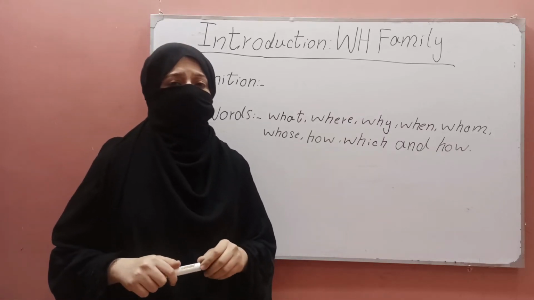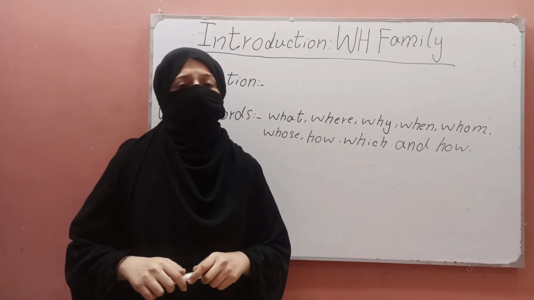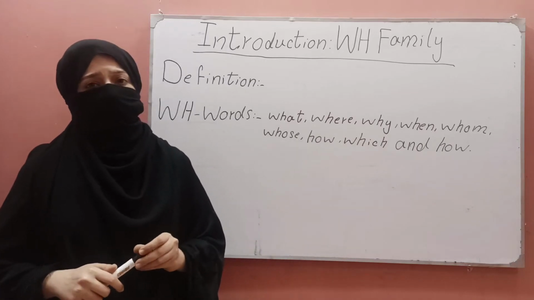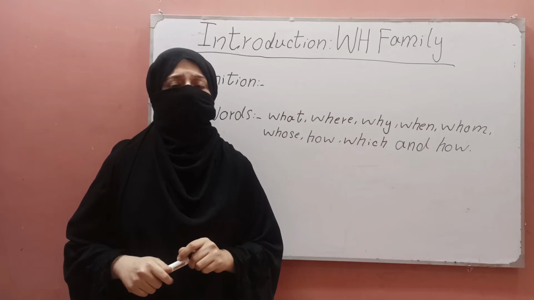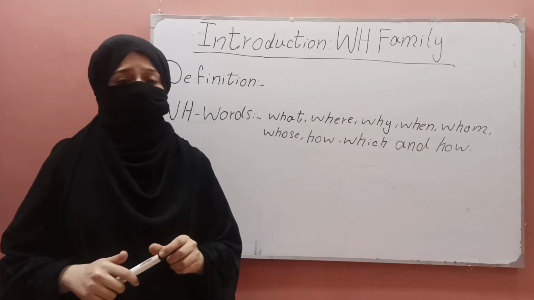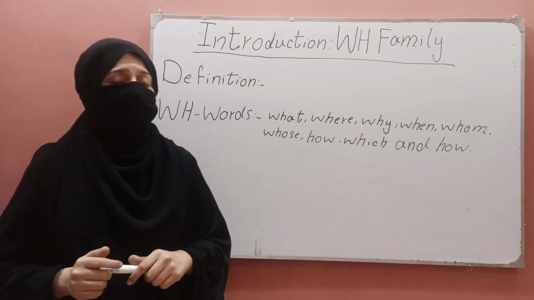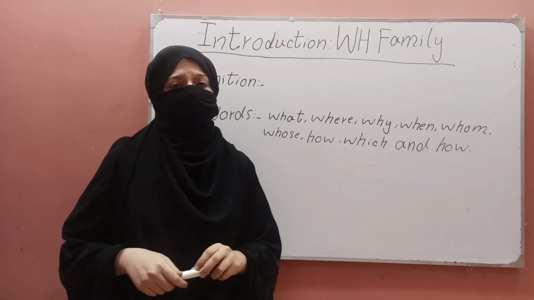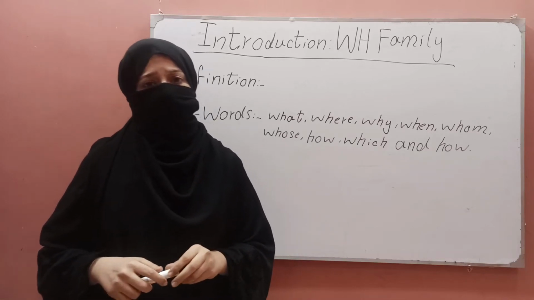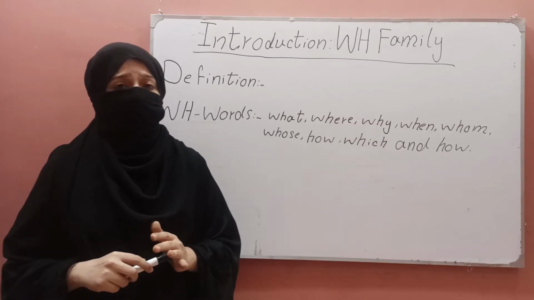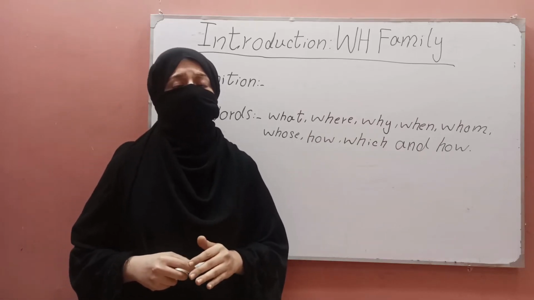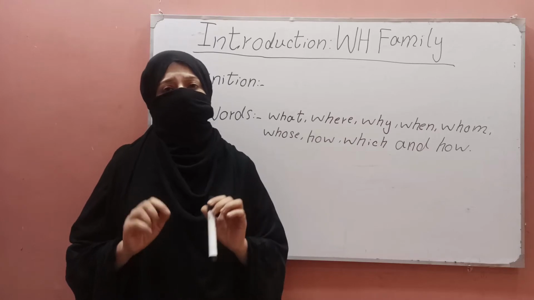WH words are also used when we want to ask certain types of questions, and they are referred to as WH words because they include the letters W and H. WH words are placed at the start of every interrogative sentence. When we want the response in yes or no, we use only a simple interrogative sentence.